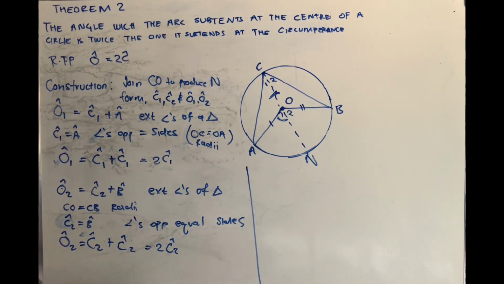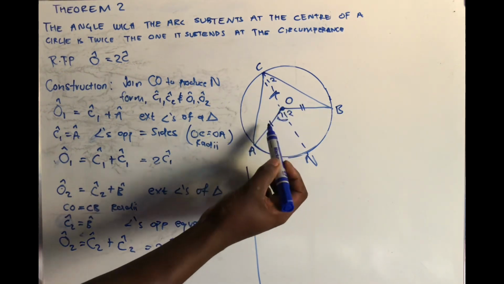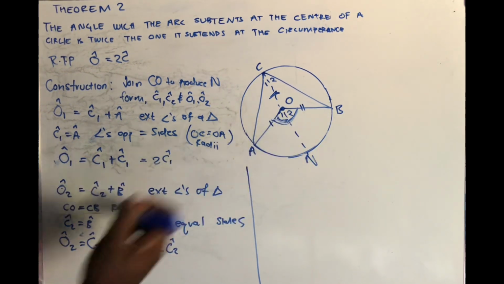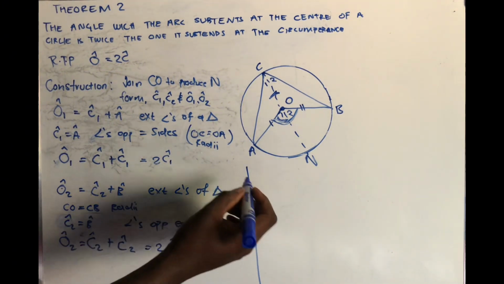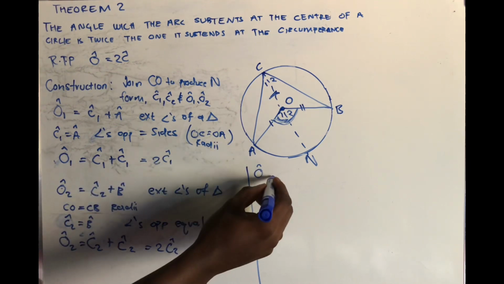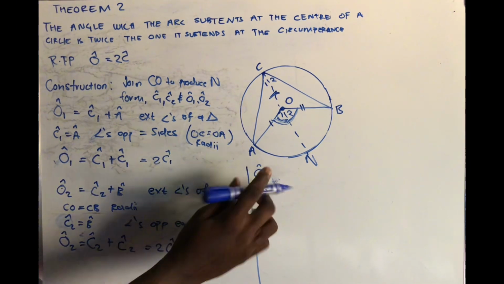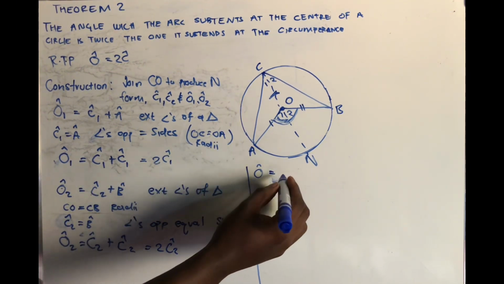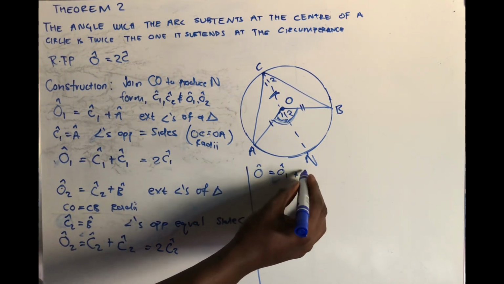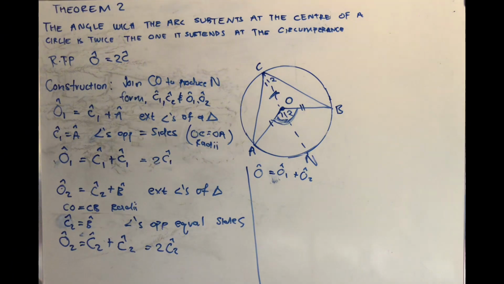But we know that the whole angle O is made up of angle O1 plus angle O2.